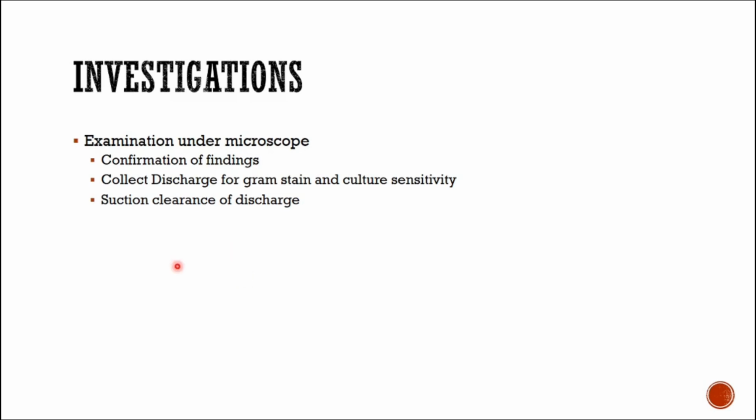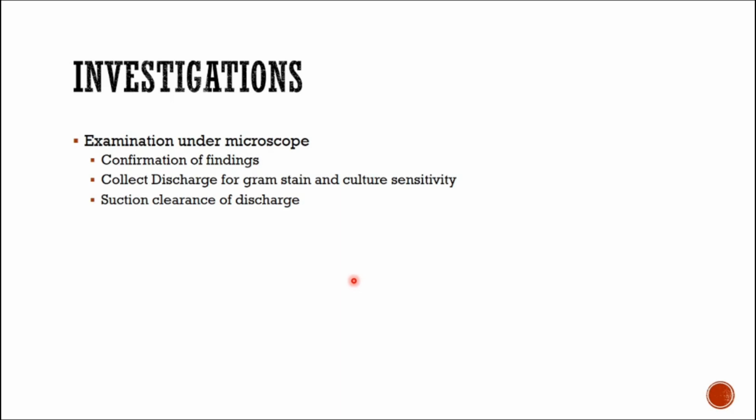So coming to investigations. If a patient with CSOM presents to you, what are the investigations you are supposed to do? The first investigation will be examination under microscope. When the patient presents to you, you will be examining the patient using headlight and the mirror, or you can also use otoscope.